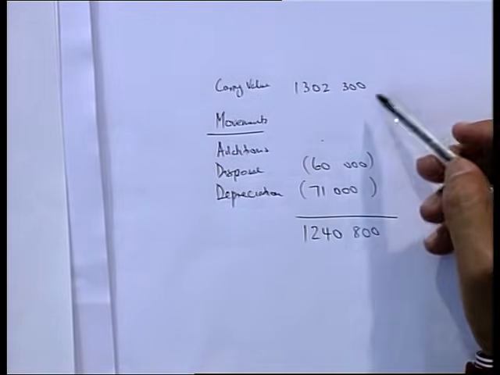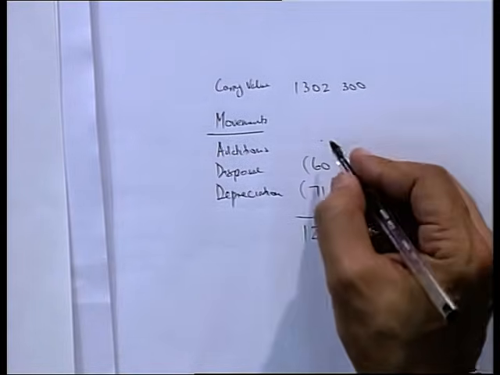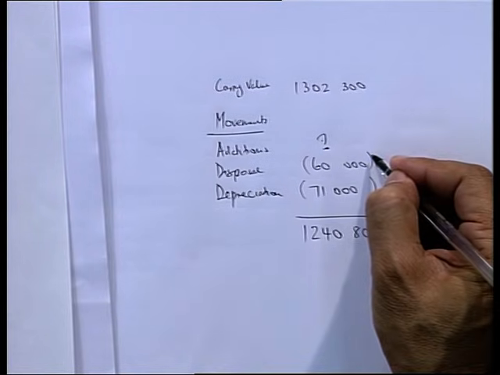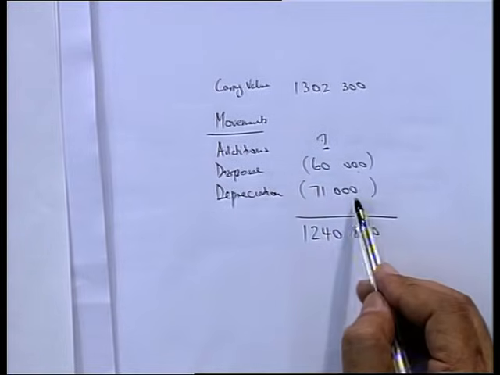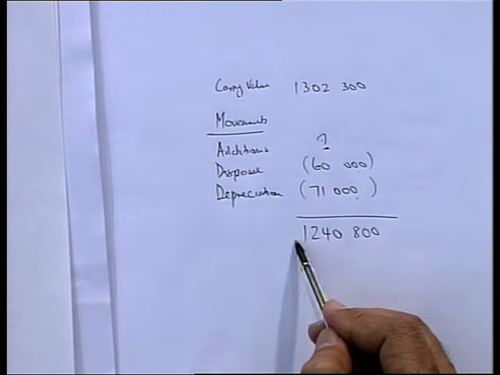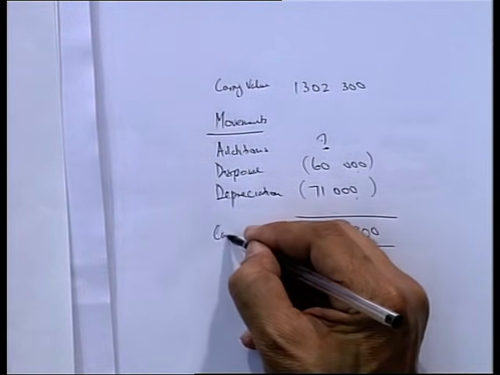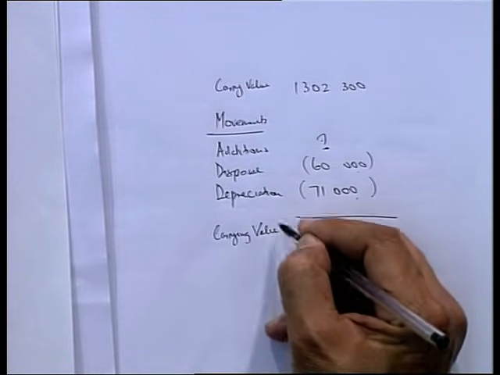So it says the carrying value at the beginning plus the additions minus the disposal minus the depreciation gave me the carrying value at the end.